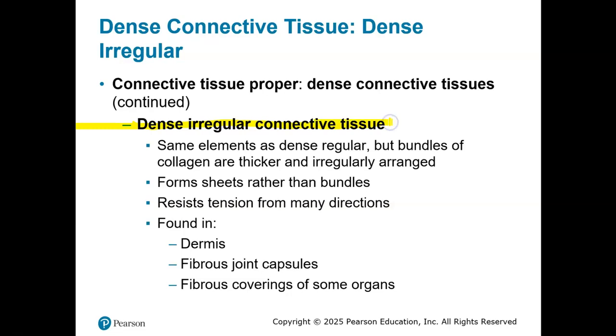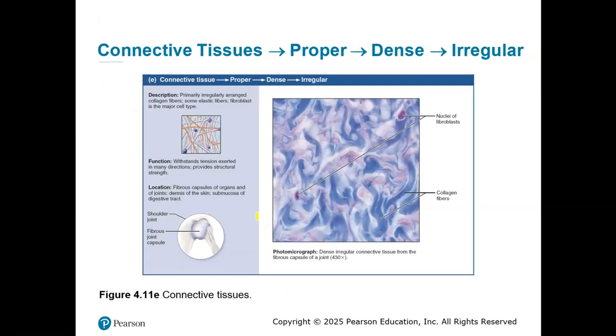The best example of dense irregular connective tissue is in the dermis. Now, we also find loose connective tissue in the dermis, but we definitely find dense irregular connective tissue in the dermis of the skin. You can tell it's not arranged in a regular pattern.